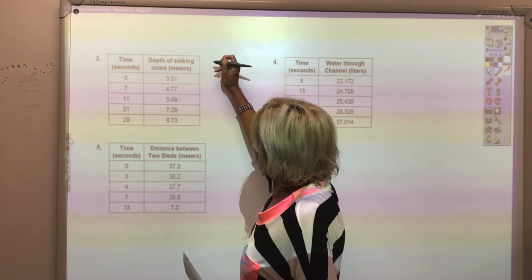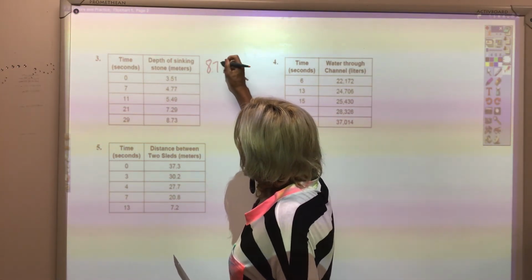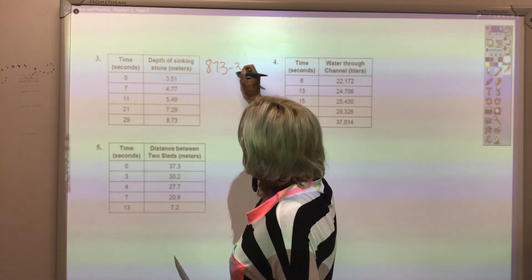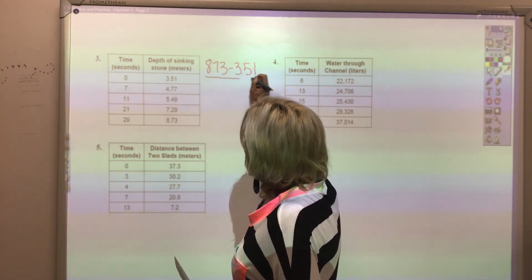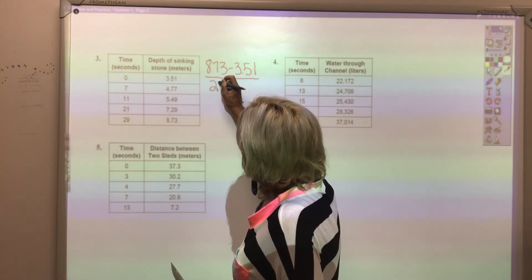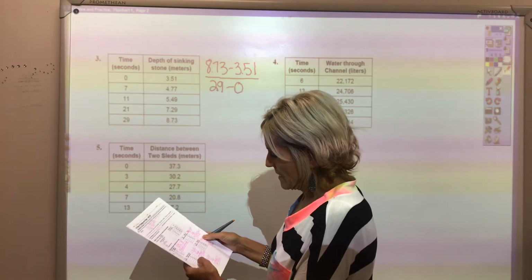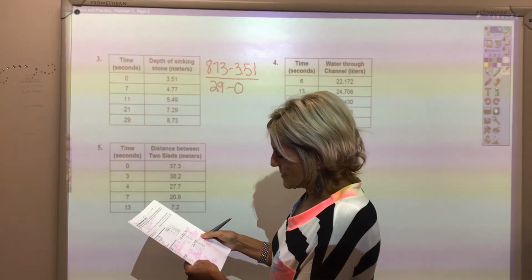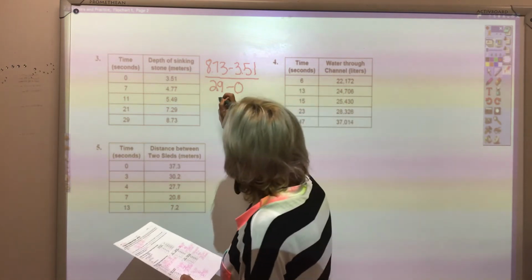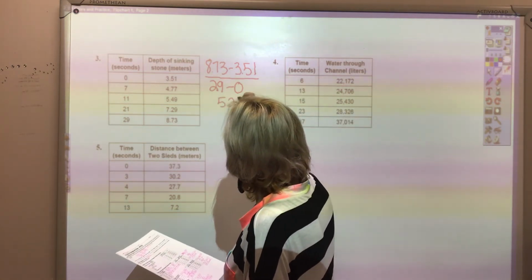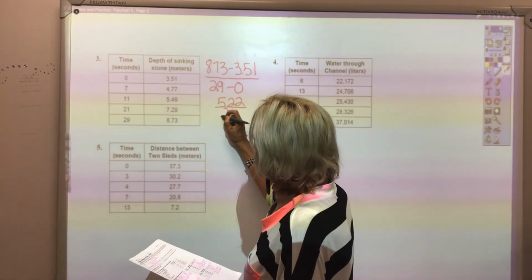So we would take 8.73 minus 3.51, divide that by 29 minus 0. 8.73 minus 3.51 is 5.22. Obviously 29 minus 0 is 29.